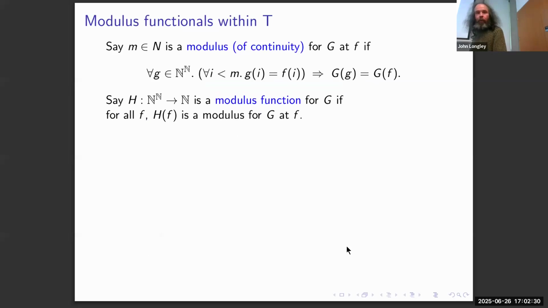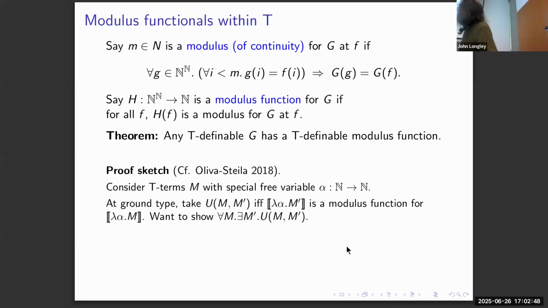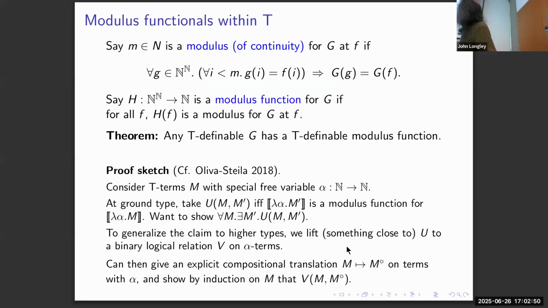Then a more sophisticated one: if G is definable in system T, then there's also a modulus of continuity function for G definable in system T. That's the end of the examples of metatheory with logical relations.